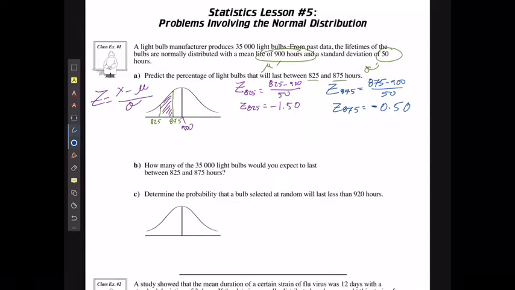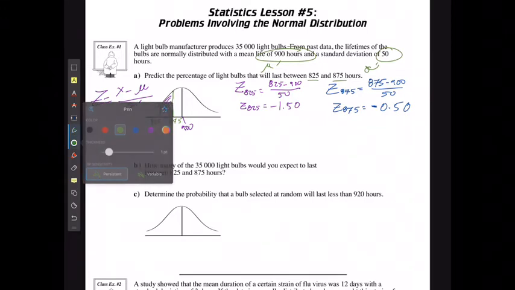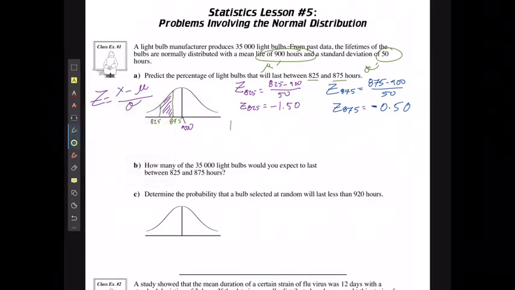So what I'm really looking for is the probability in between negative 1.50, which is less than or equal to my z-score, which is less than or equal to negative 0.50. What's my probability in between those 2 points?